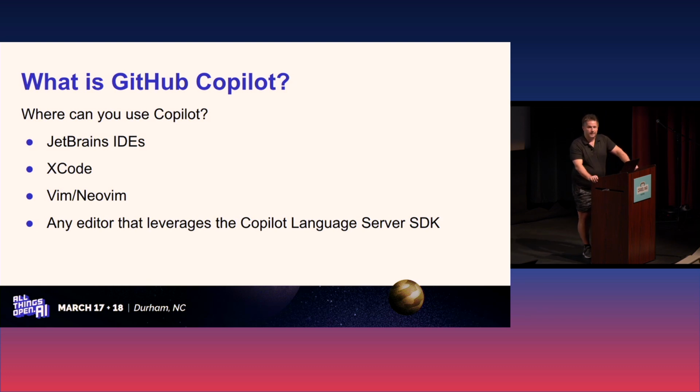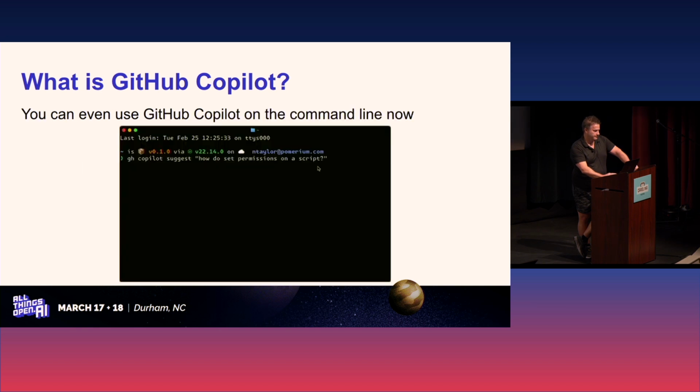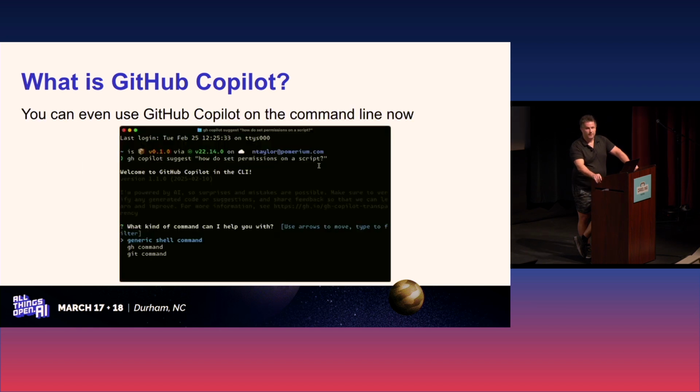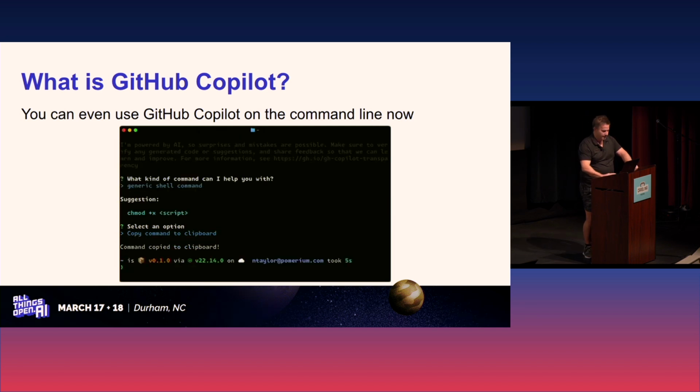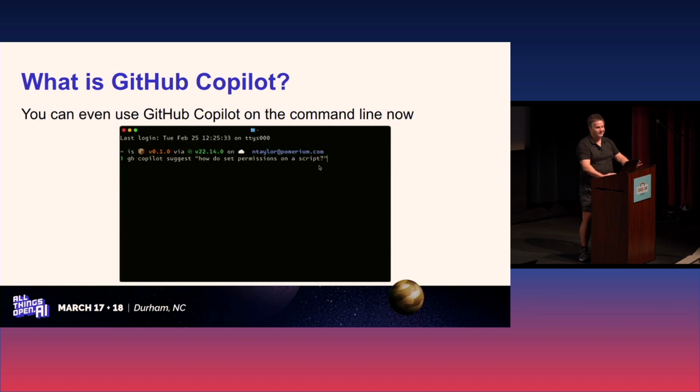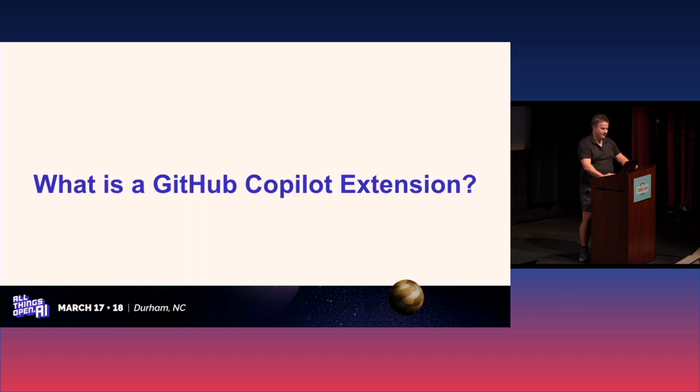And then there's Vim, NeoVim, so all the people that say, by the way, I use NeoVim, you can use Copilot chat. And like I was saying, any editor that leverages the Copilot language server SDK. And you can even use it in the command line now. So here's just a little GIF of things going on. Is it GIF or GIF? I don't know. Anyways, there's lots of places you can use it, is the TLDR.